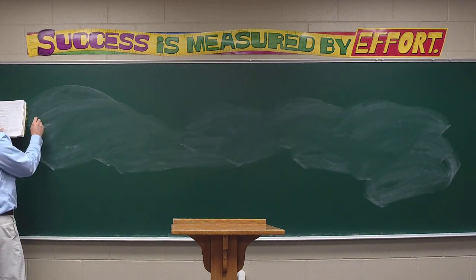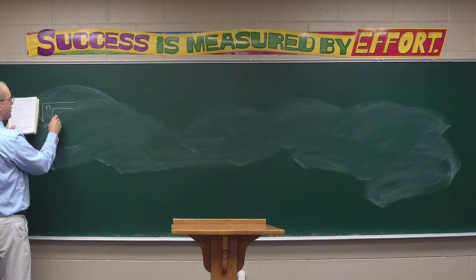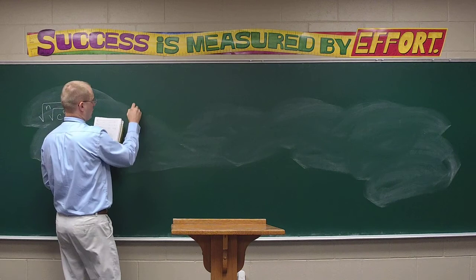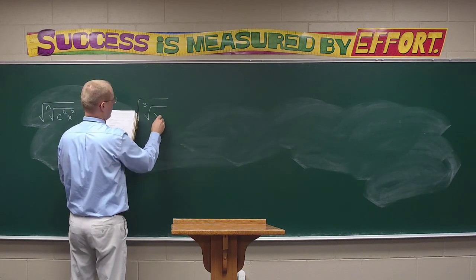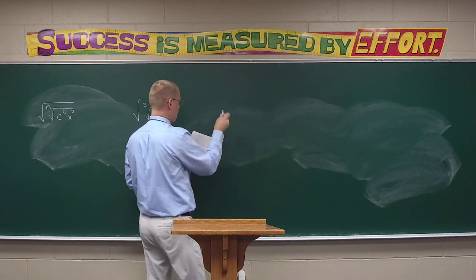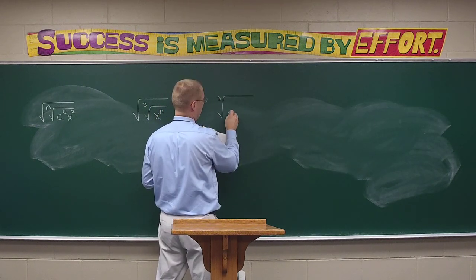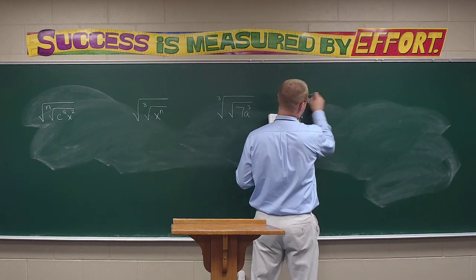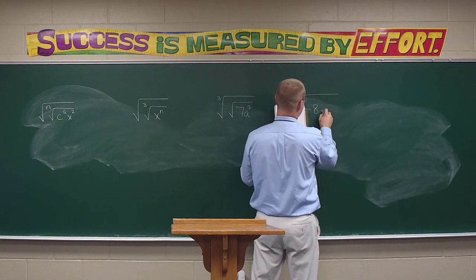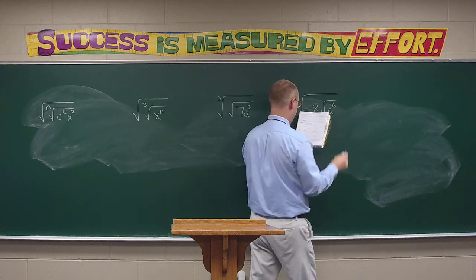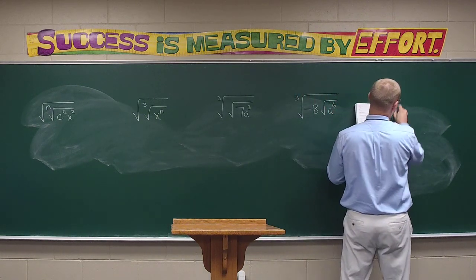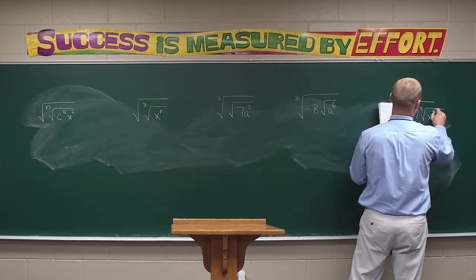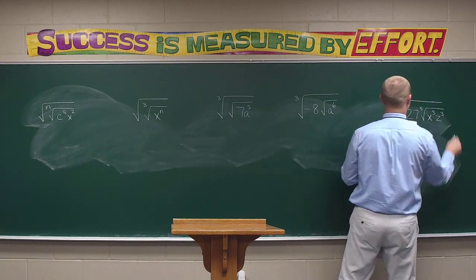All right, so I'm going to have you take the square root of the nth root of c to the a, x squared; the square root of the cube root of x to the n; the cube root of the square root of 7a cubed; the cube root of negative 8 times the square root of a to the 6th; and the cube root of negative 27 times the 5th root of x cubed, z cubed.